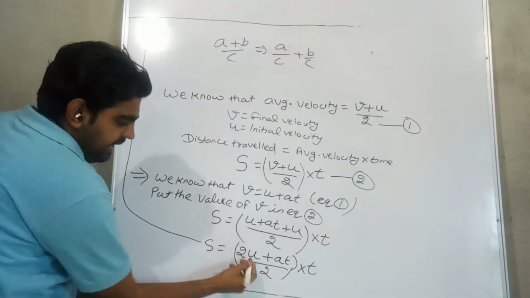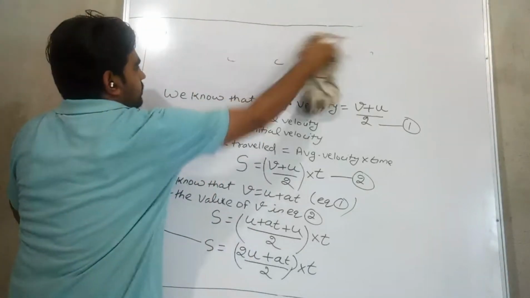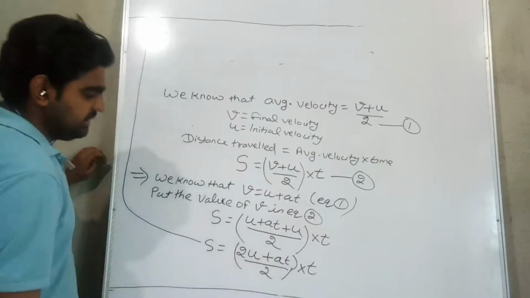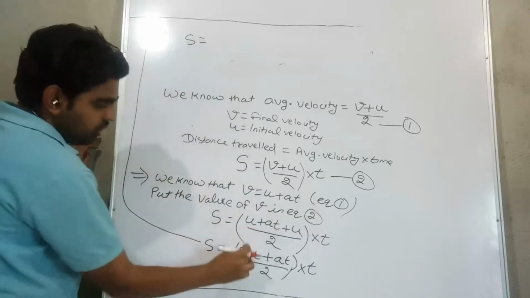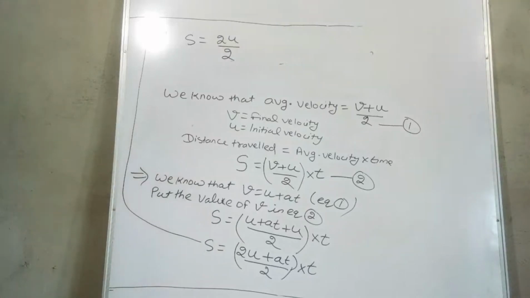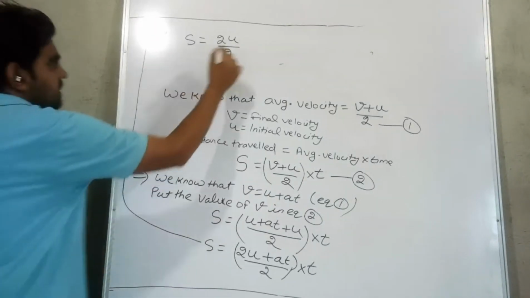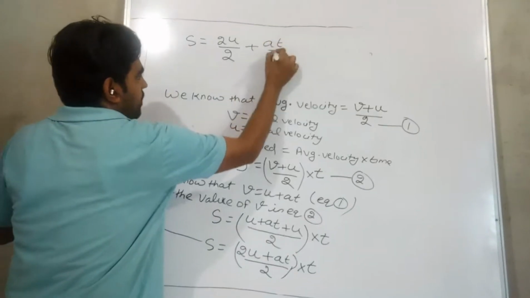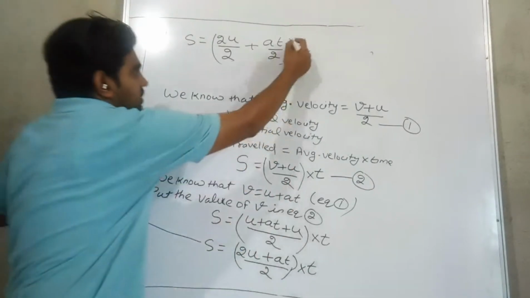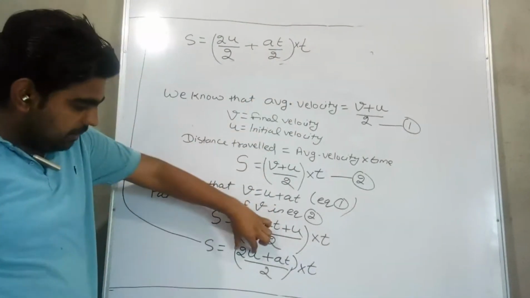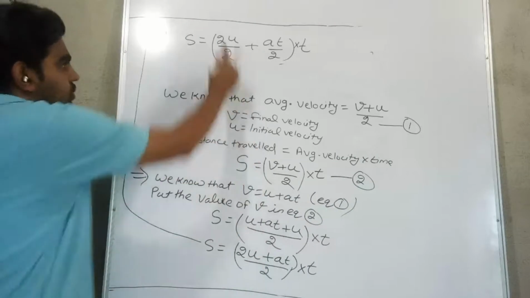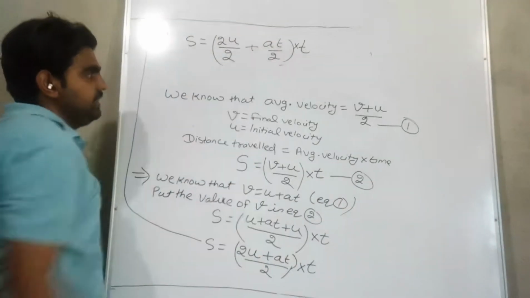So s equals 2u upon 2 plus at upon 2, into t.